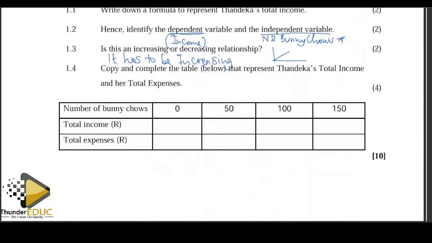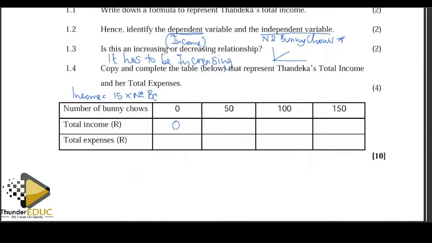Copy and complete the table below that represents Tandeka's total income and total cost. So remember, we've already got the formula for income: income equals 15 times the number of bunny chows. We shall start with this one here. At 0, we shall also earn 0.